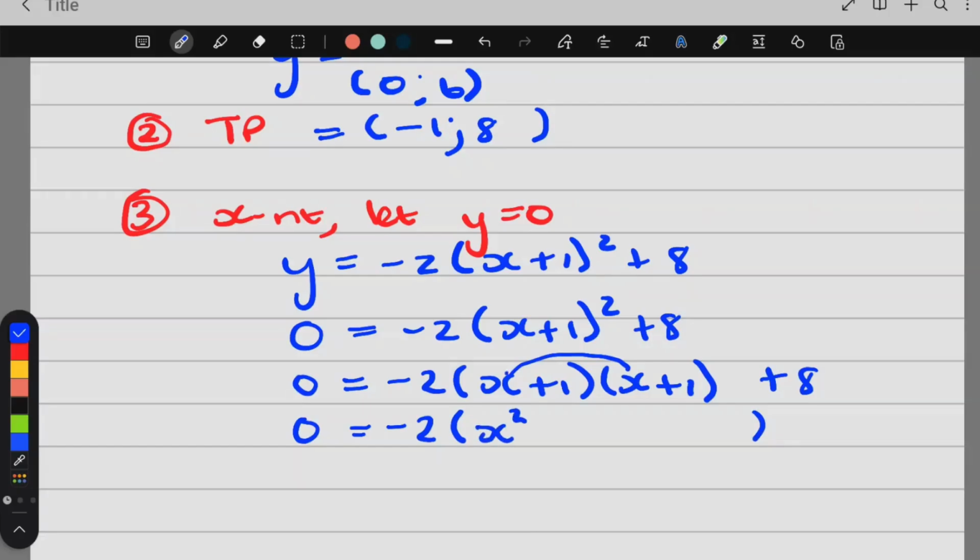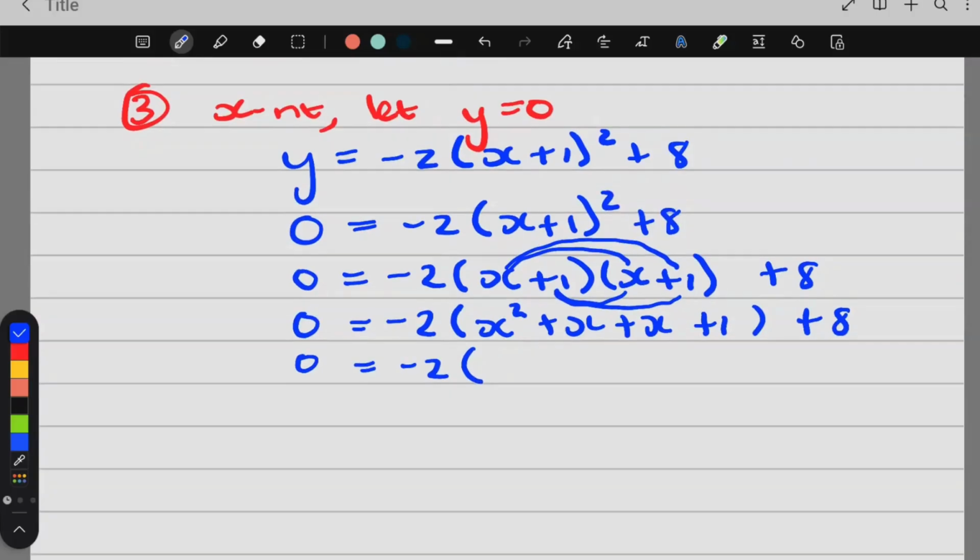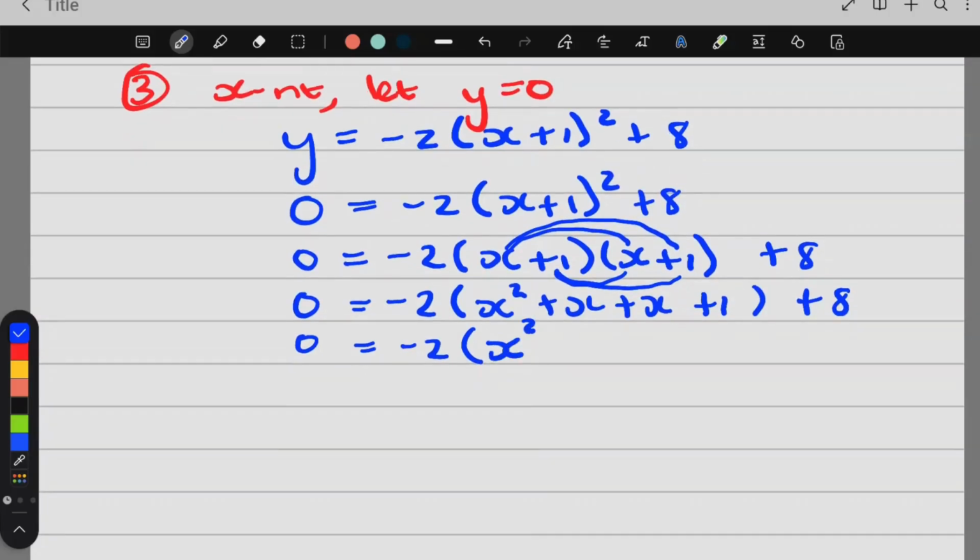That's x squared. That is 1x. This is 1x. And the last one is 1. And then plus 8. And now I'm going to add the like terms inside the bracket first. So this is x squared. These are like terms. So that's 2x. So that's 2x plus 1 plus 8.